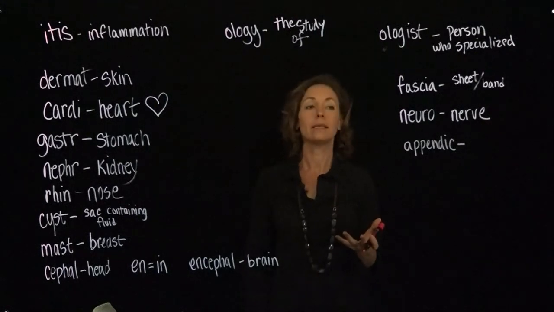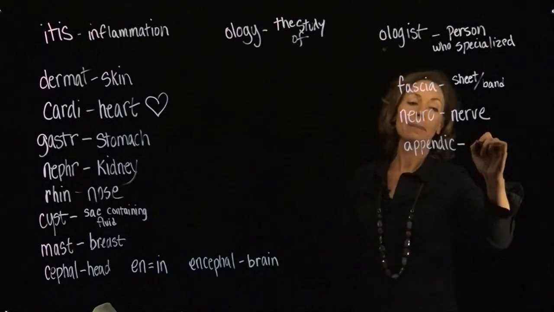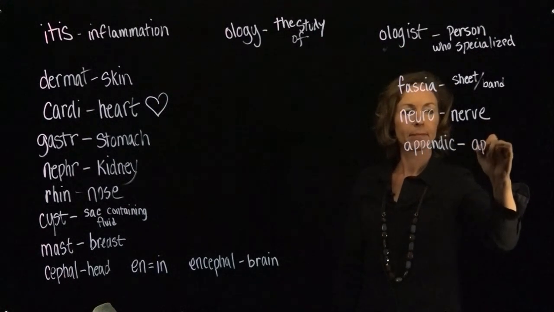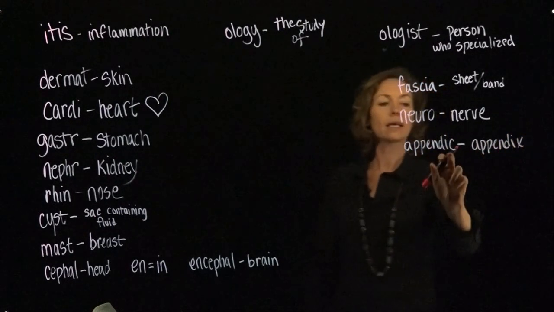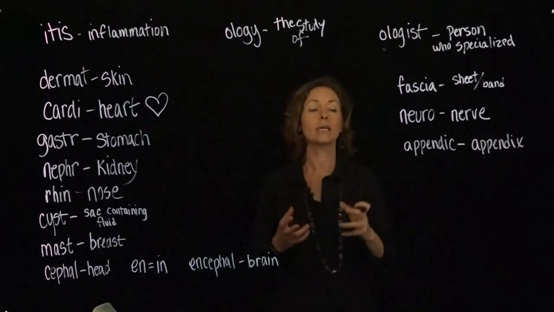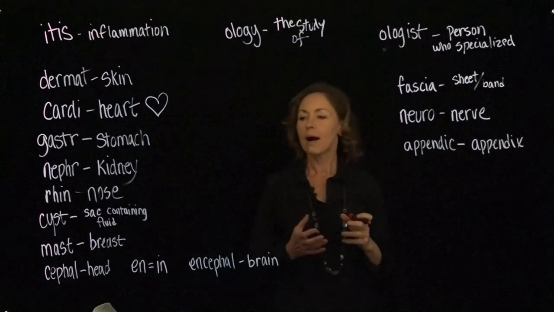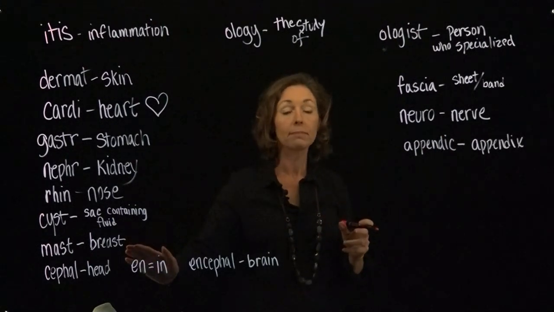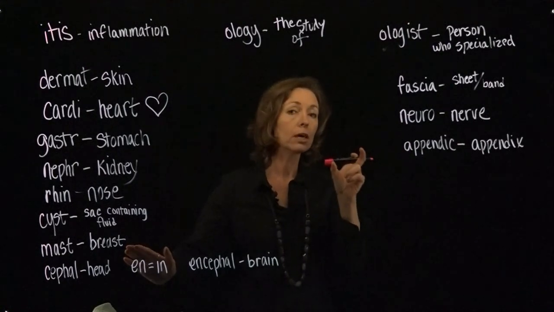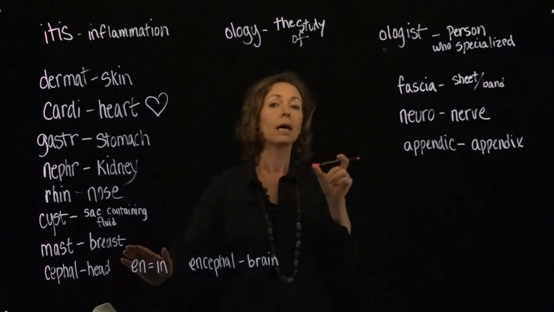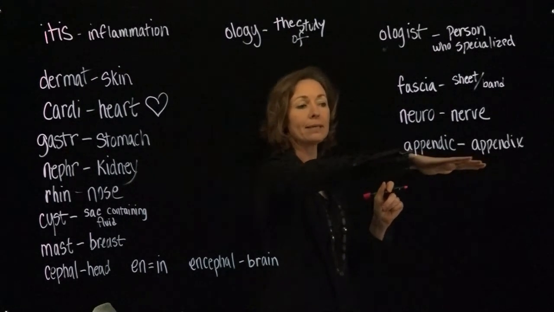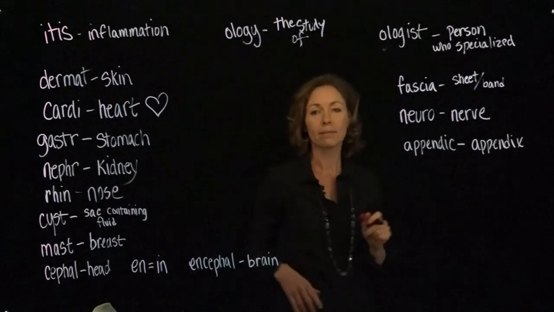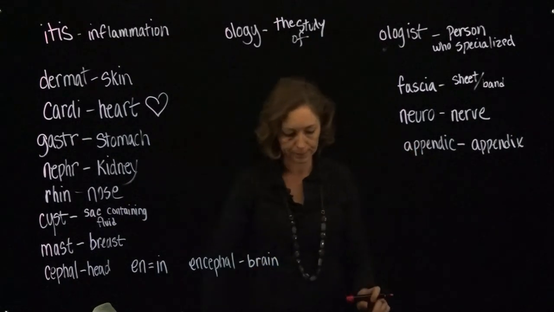Appendix, pretty easy. On the back, you're going to write appendix. It's just that the ending changes when you're using it in a longer word. I think earlier I mentioned mastectomy, and we're going to talk about ectomy another time. Another surgery you hear a lot about is an appendectomy. So we're getting from this root of the word.